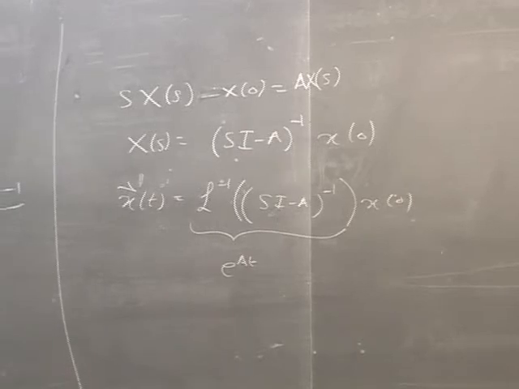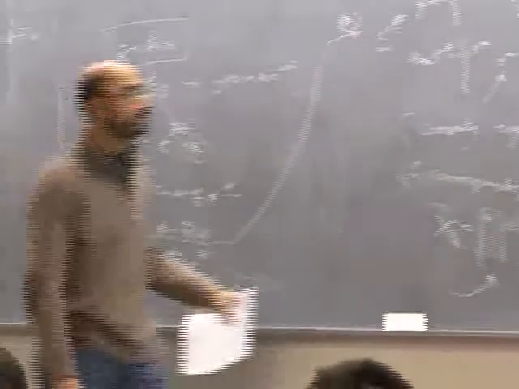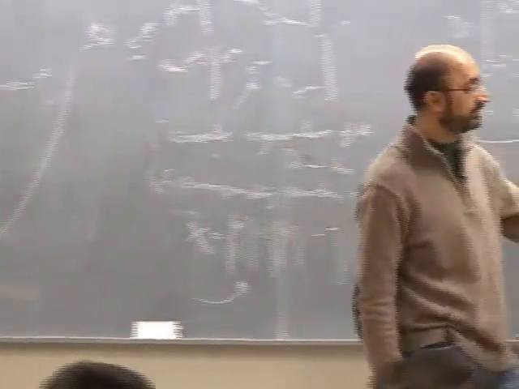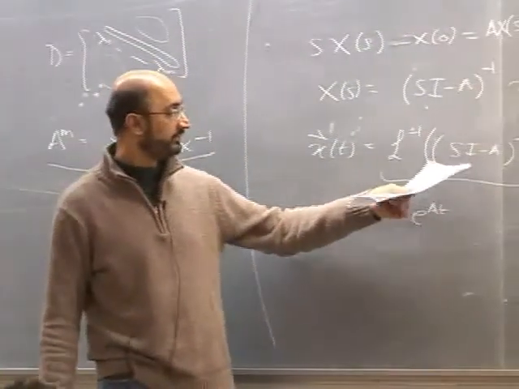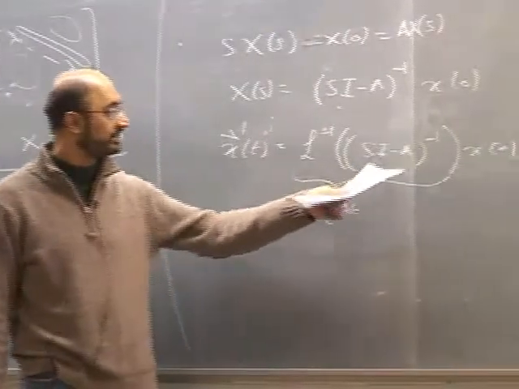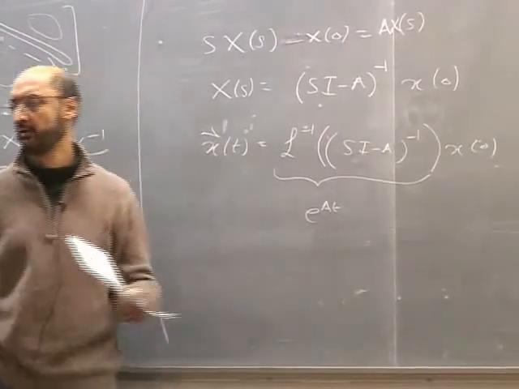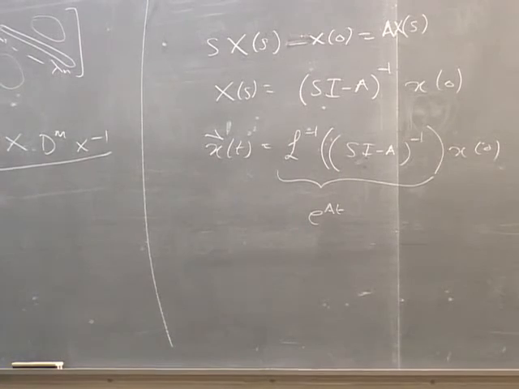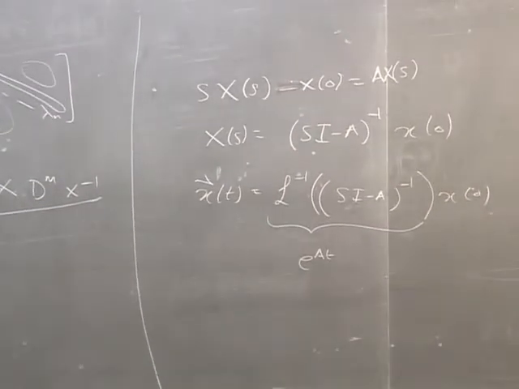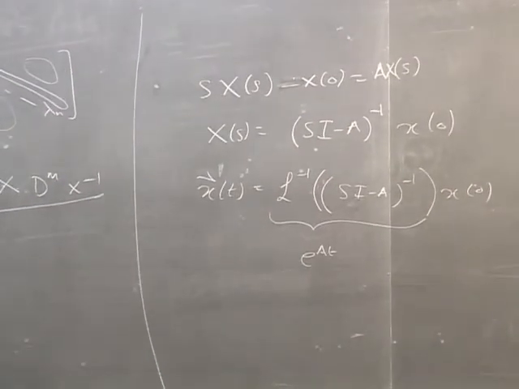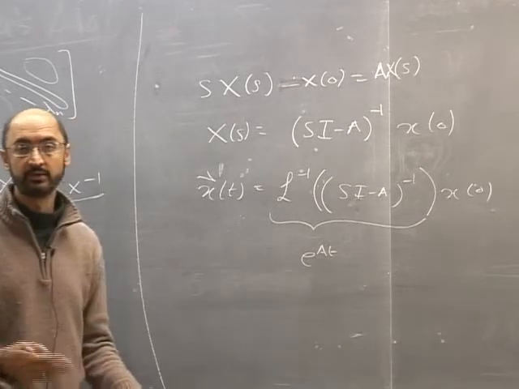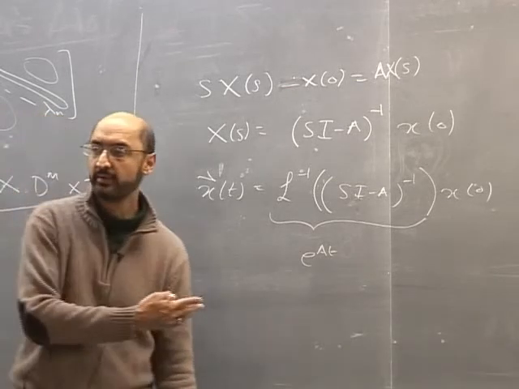All we're saying is, instead of computing the matrix exponential in this form, it might be simpler in some cases to compute this matrix sI minus A, find its inverse, and take the inverse Laplace, and that's an alternative way of getting it. And again, in some cases it is easier to do it, but not always. So we're just giving two approaches.